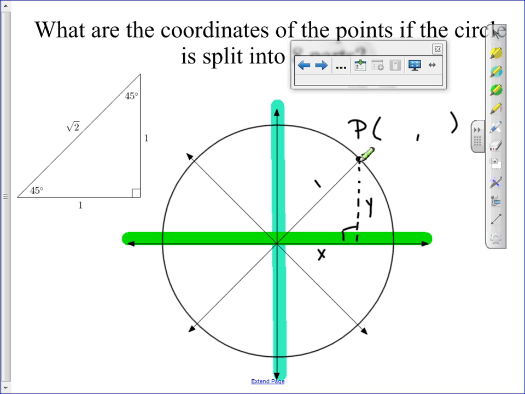Because we know that this is 45 degrees, we can use the triangle as a reference. For 45 degrees, the sine value is opposite over hypotenuse, which is 1 over root 2. That will correspond to our x coordinate of root 2 over 2 here and root 2 over 2 there.